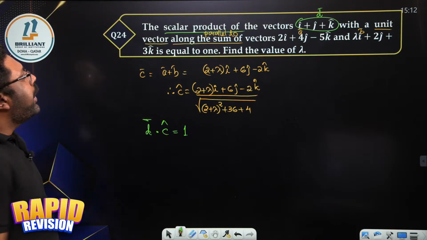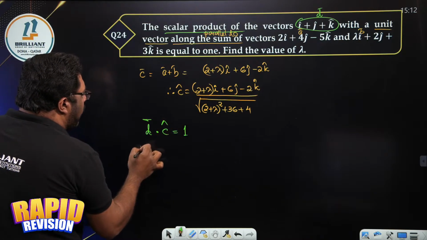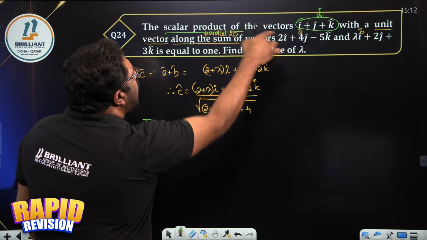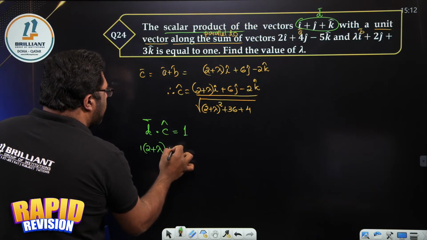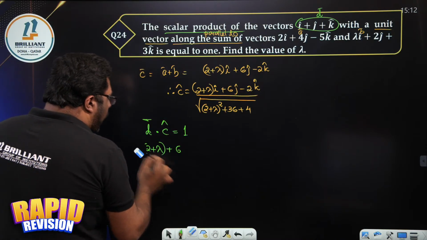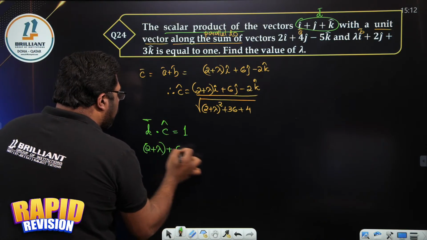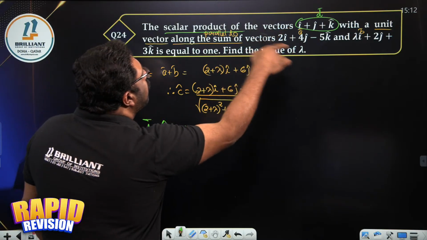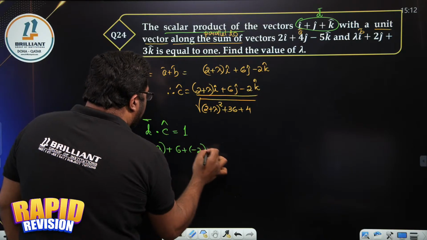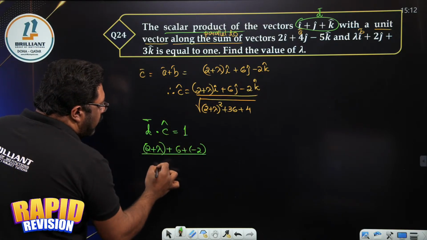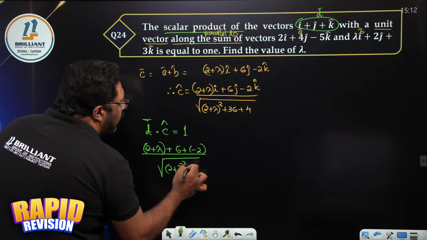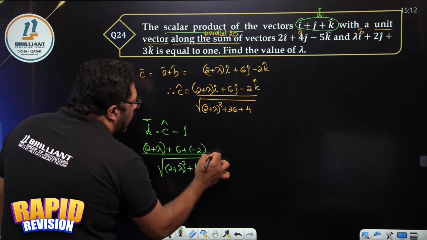So take this dot product. 1 with 2 plus lambda, 1 with 6, and then one more, 1 with minus 2, divided by the magnitude, root of (2 plus lambda) squared plus 40, equal to 1.